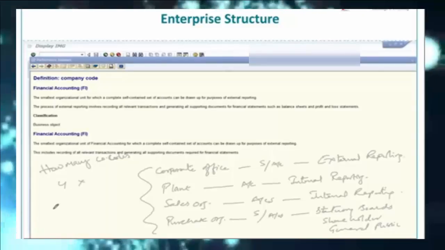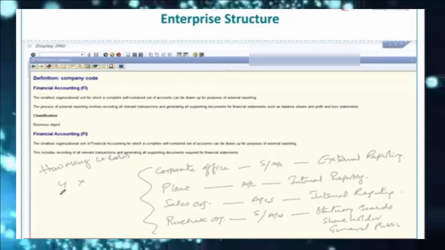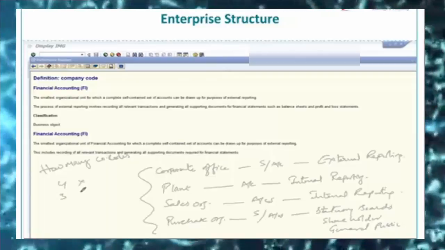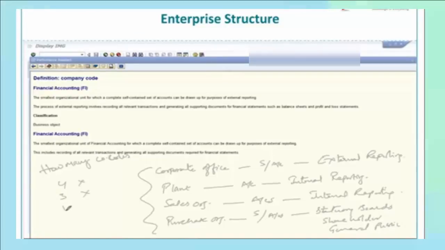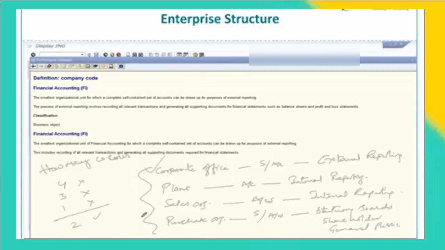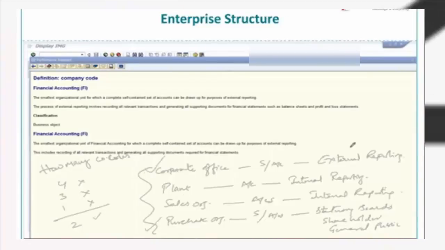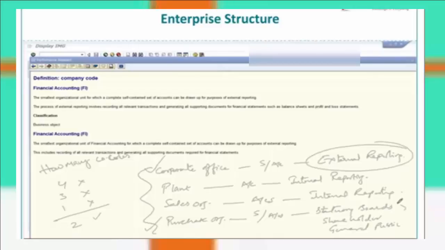One request number, 725, contains your information: in which table the data has been stored, and which client, company code. All these details will be stored in this request number. So the data is stored at the database level, and at the go-live stage all the configuration will be transported from one client to another.